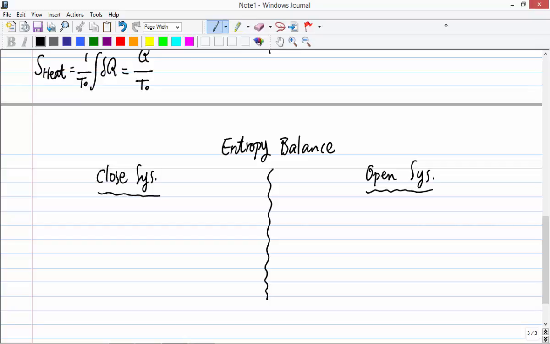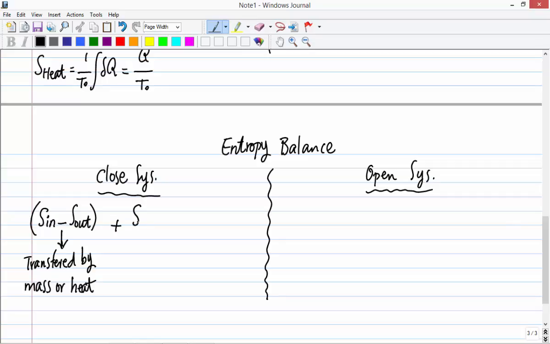That's this closed system. So I have the entropy going in or leaving the system, and this will be transferred by either mass or heat or together. I summarized all transferred entropies here in this parenthesis, plus that portion, the generated entropy, that is either 0 or larger than 0.